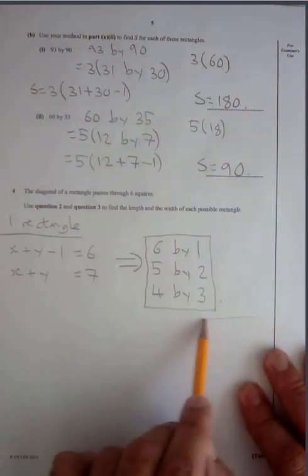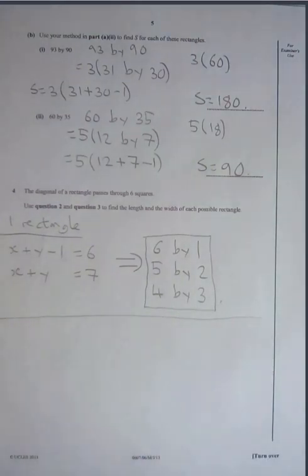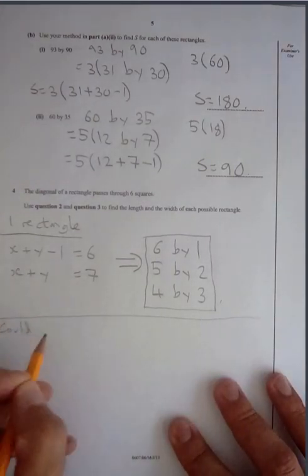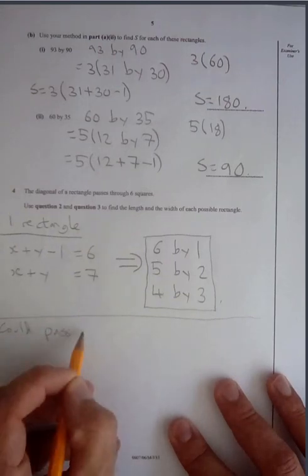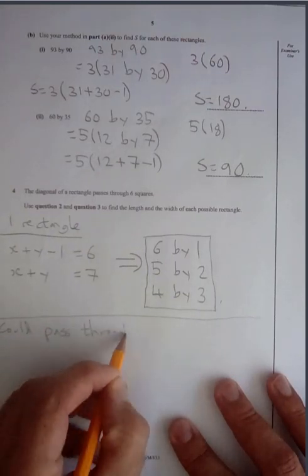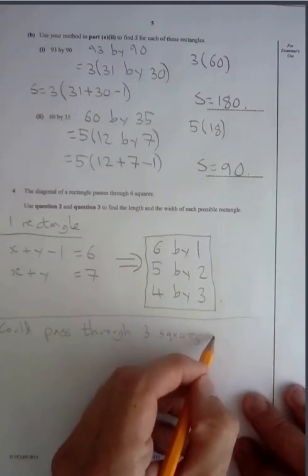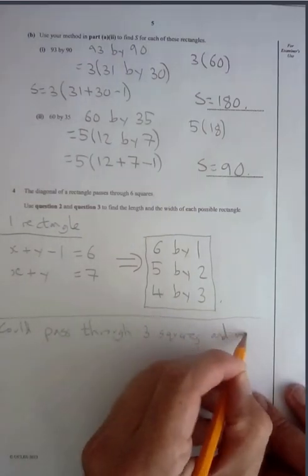Then you could have it passing through 3 squares, but then you need to multiply the answer by 2 at the end, which would really get your 6 squares.